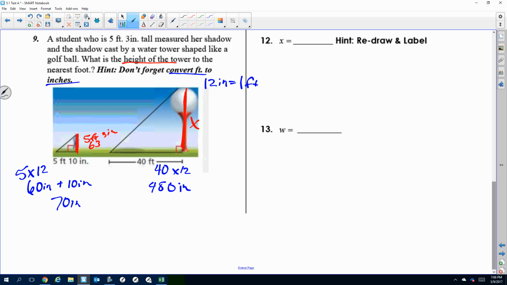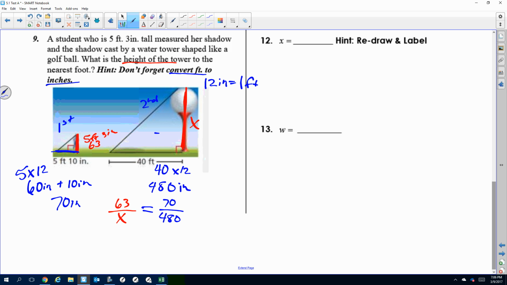We know the vertical side, the 63, goes with this x over here. So 63 corresponds to the x, and that is equal to, if I go to this triangle first and this triangle second, I get that same pattern. So this will come first, the 70 inches compared to the 480 inches.